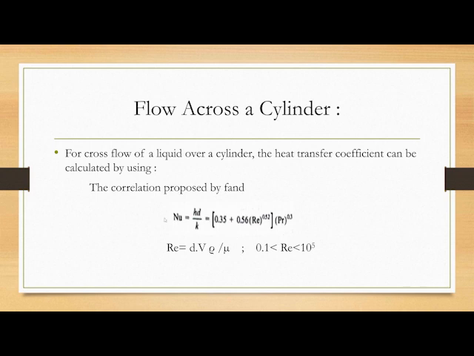The Nusselt number equals h by k equals 0.035 plus 0.56 multiplied by Reynolds number to the power 0.52, the whole multiplied by Prandtl number to the power 0.3. So here also we have the condition for the applicability of this correlation.